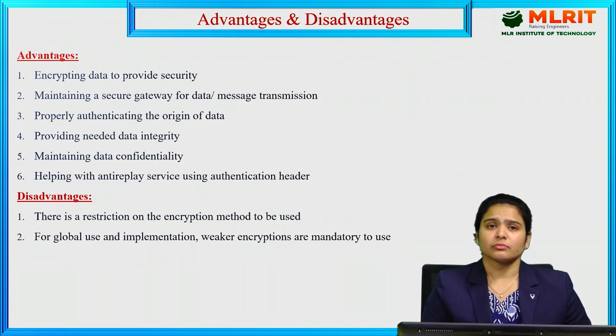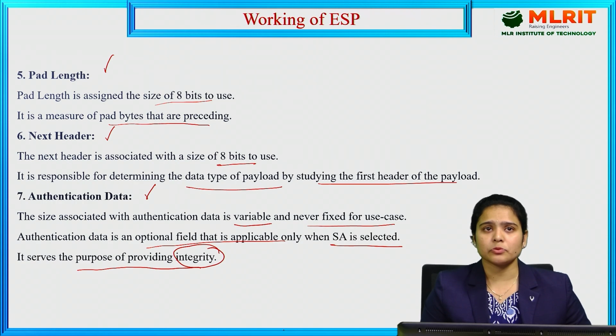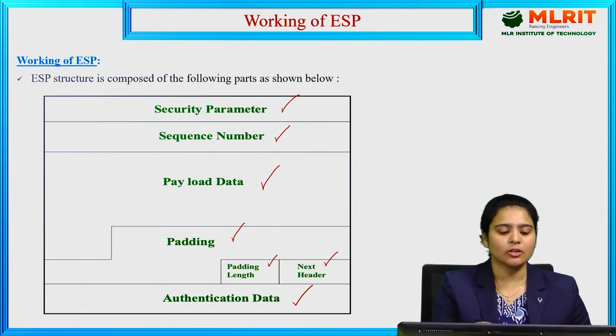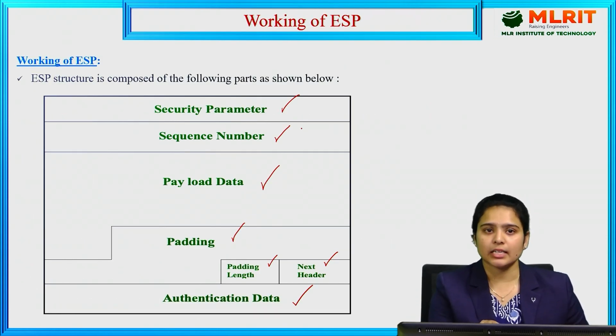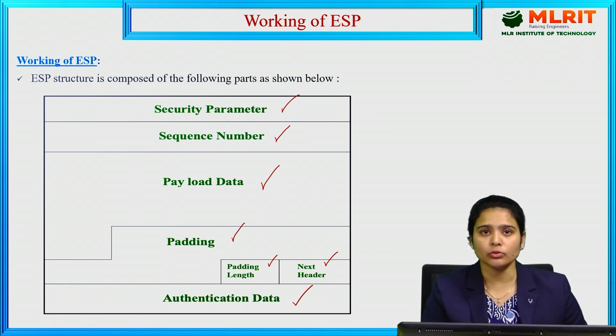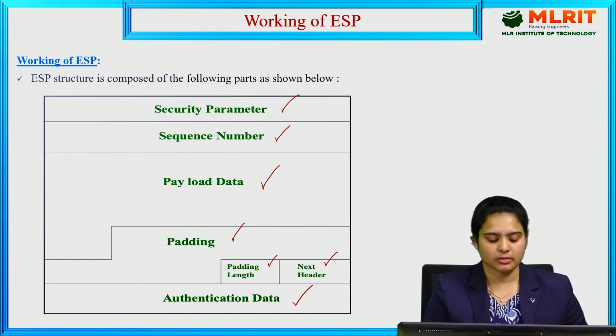Of all these 7 fields, we have seen the security parameter and sequence number, and which ones use variable sizes in the encryption process.